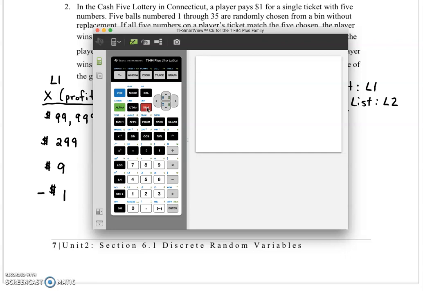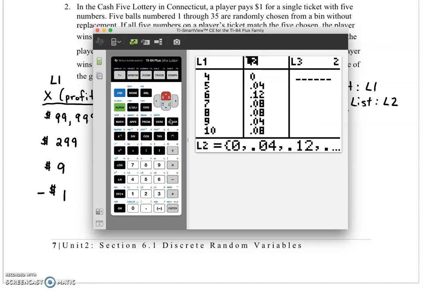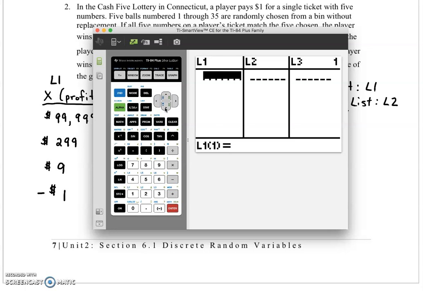Okay, so let's go to Stat and enter so we can get to our lists, and highlight the list names and clear if you need to. Okay, so we have 99999 for one entry. The next one is 299. The next one is just 9.